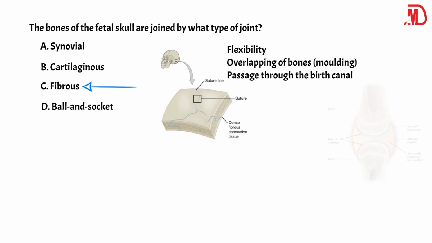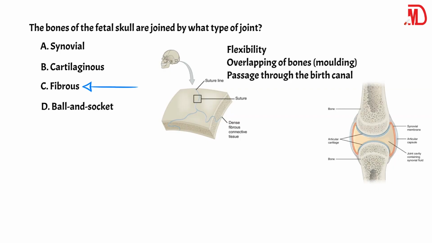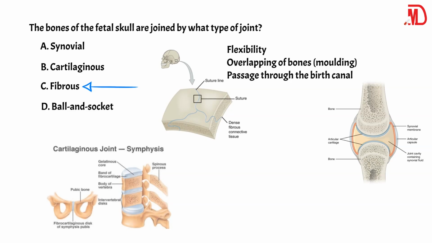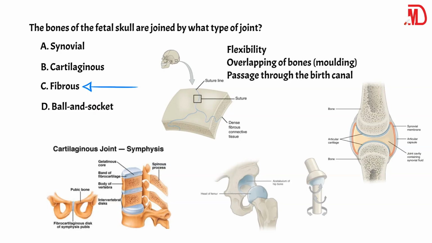Synovial is found in movable joints like the knee or shoulder. Cartilaginous is found in the spine or costochondral joints. Ball and socket is found in the shoulder, hip, not in the skull. Fetal skull equals fibrous joints for flexibility during labor.